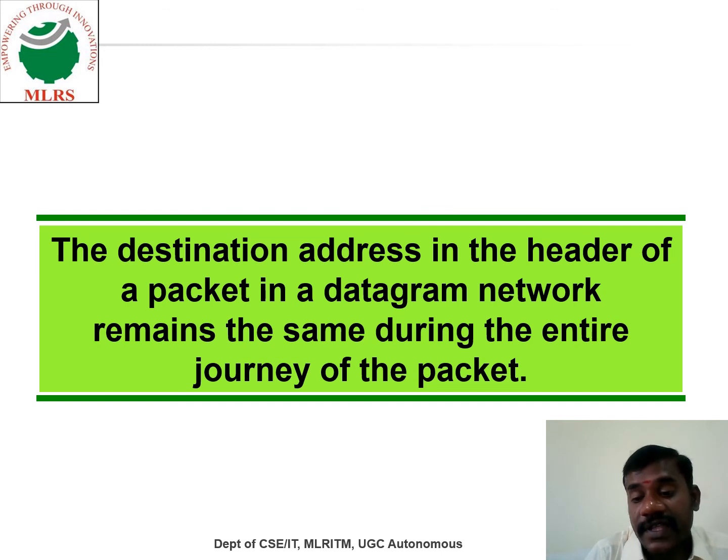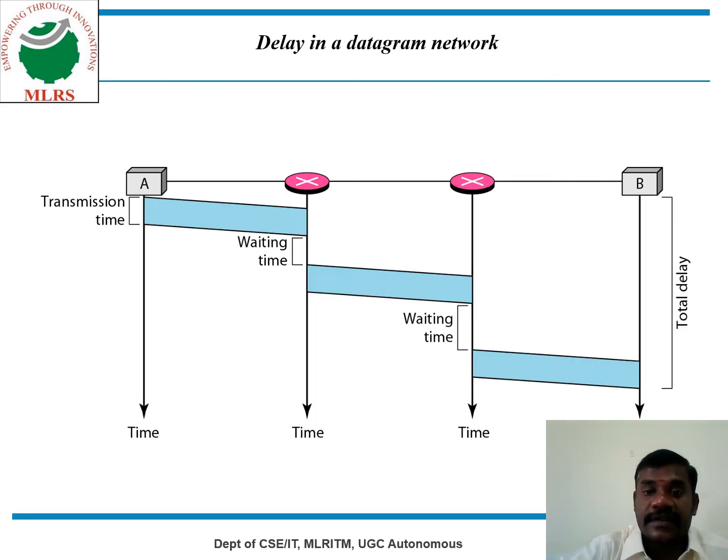The destination address in the header of your packet in a datagram network remains the same during the entire journey of the packets.